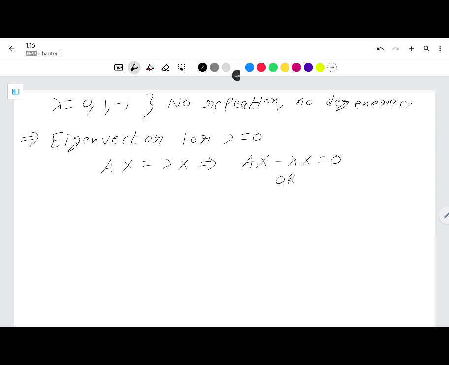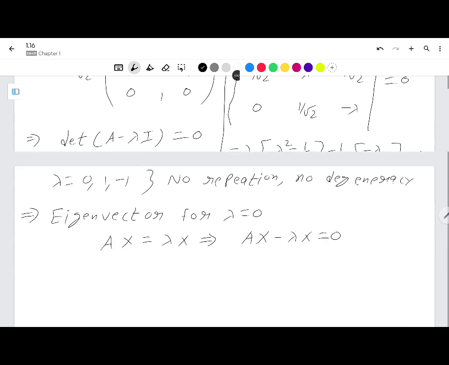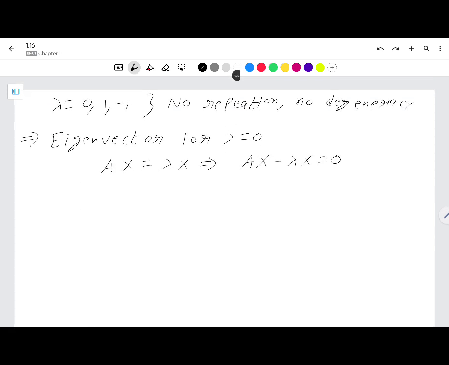So instead of finding a determinant, we just plug back here the value of lambda.